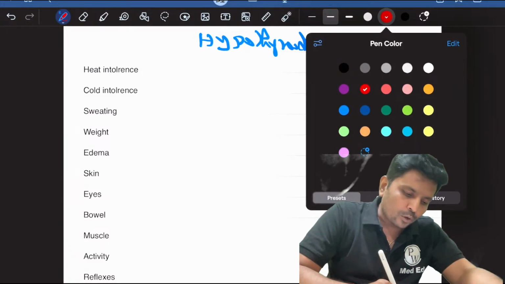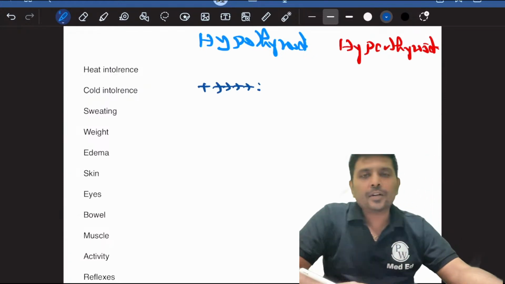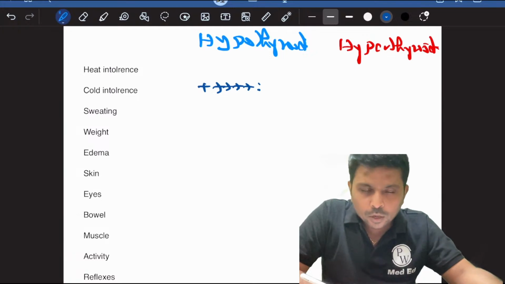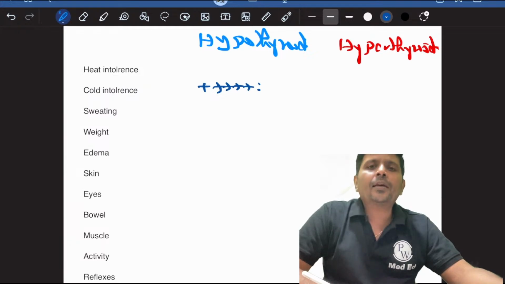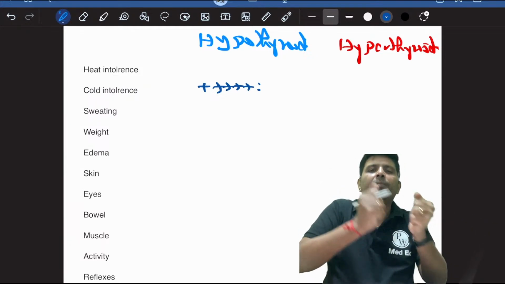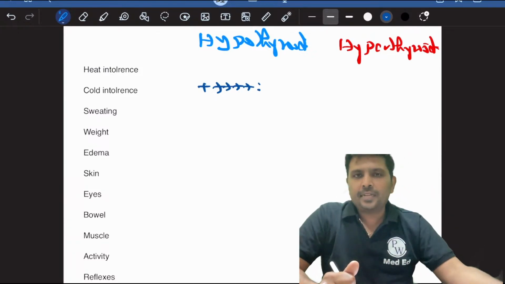Cold intolerance means they cannot tolerate a cold environment, because during cold your body is supposed to produce heat, which cannot be done in a hypothyroid patient. So they say they cannot tolerate November, December, January, when a cold environment prevails in our country.